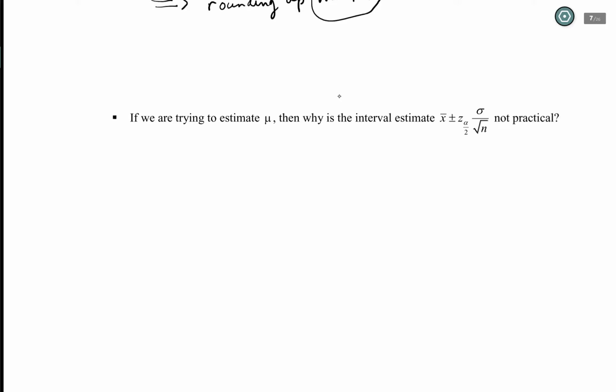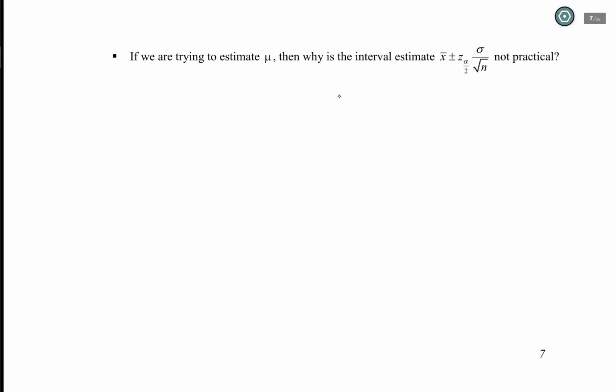All right. I want to wrap up this section. We've been under the heading of a confidence interval for mu when sigma is known. And here I'm asking a very important question. If we are trying to estimate mu, then why is the interval formula, which we used in an example and also as our basis for sample size determination, not practical? Well, you may have picked up on this, but when you look at the items in this formula, what do we need?